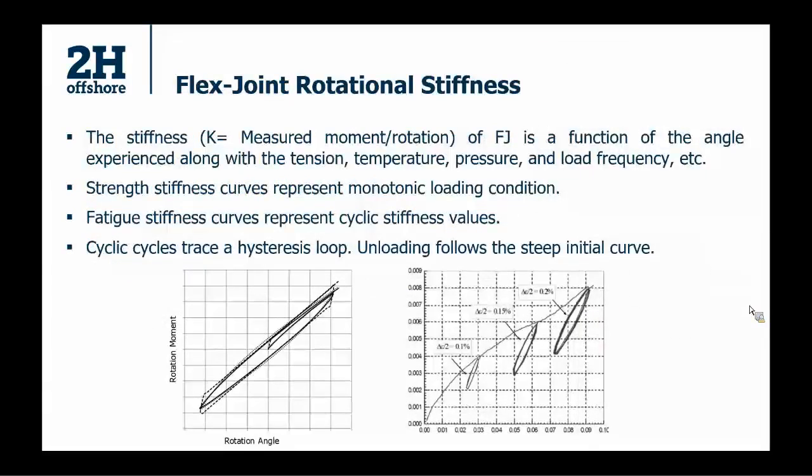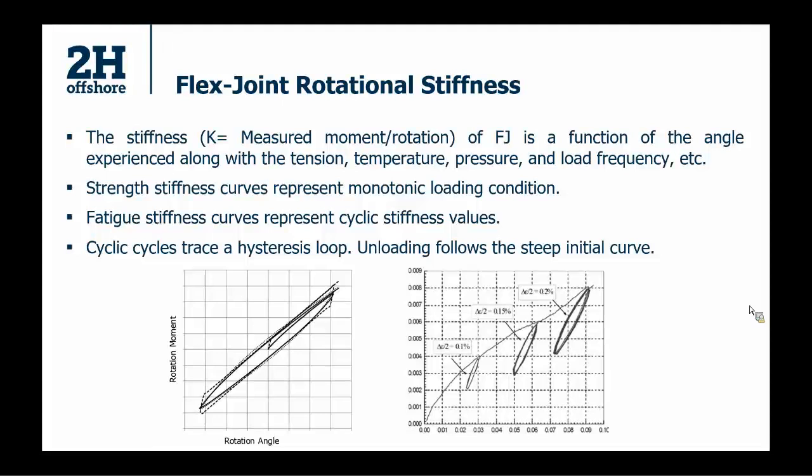The rotational stiffness of the flex joint can be complicated and is usually a function of temperature, pressure, load frequency, and some other parameters. If we talk about long-term fatigue, we typically use the stiffness under operational pressure and temperature conditions.